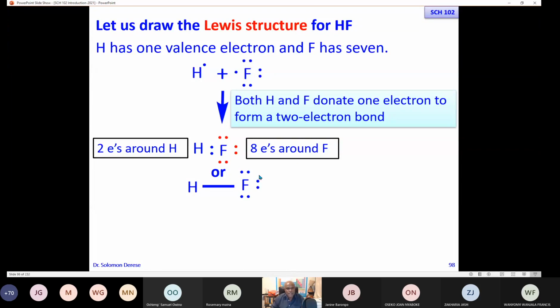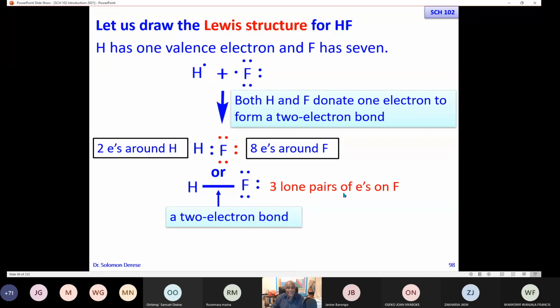What you should know is that electrons, when they are found on elements like this, exist as a pair. So this solid line represents a 2-electron bond, and these 3 lone pairs, the unshared electrons, are the ones only found on fluorine. So when you are counting the number of electrons on the fluorine, you will count 1, 2, 3, 4, 5, 6, 7, 8.